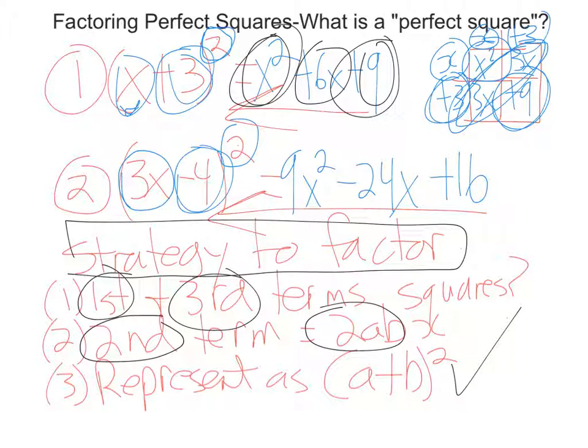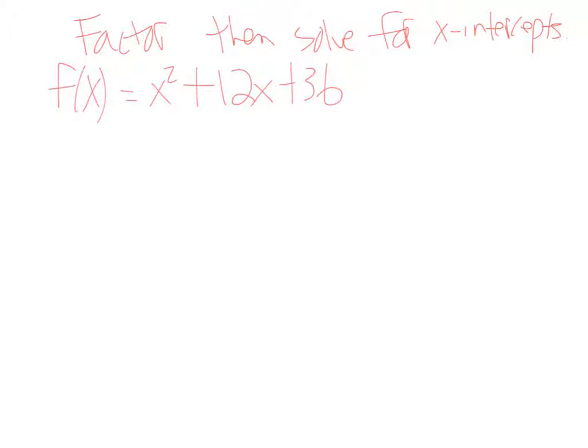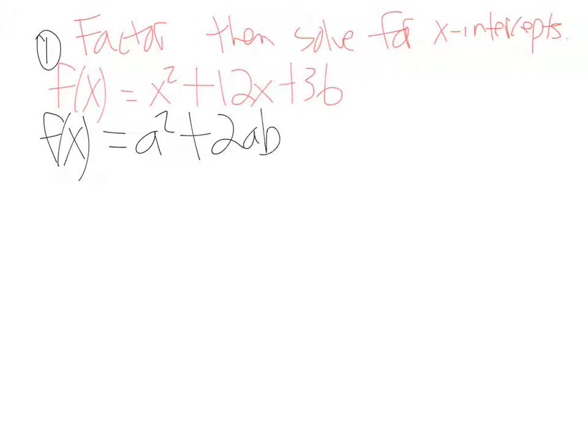Okay, folks, so let's try some examples. Here's our first example, number 1. f of x is x squared plus 12x plus 36. So does it have this form? By the way, f of x is just another way of saying y equals. So a squared plus 2ab plus b squared. Does it have that form?